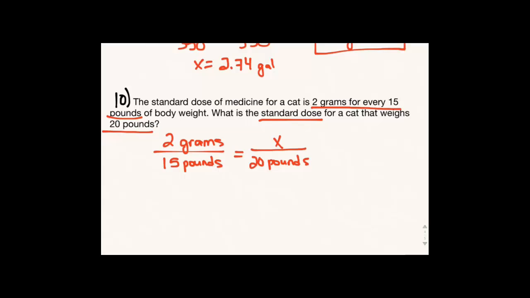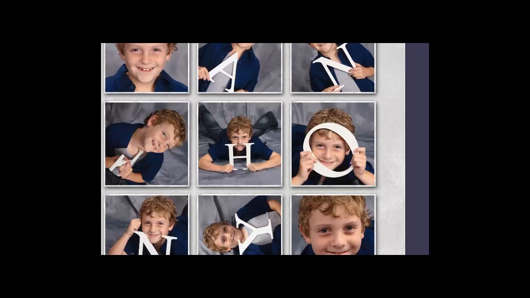So we multiply 2 times 20, which gives us 40, and that equals 15 times X. And then we're going to divide both sides by 15. And 40 divided by 15 is not a very nice number, so we're going to just reduce 40/15.